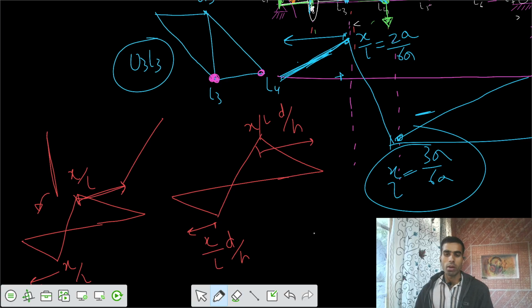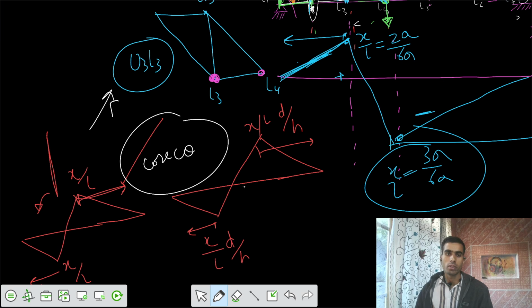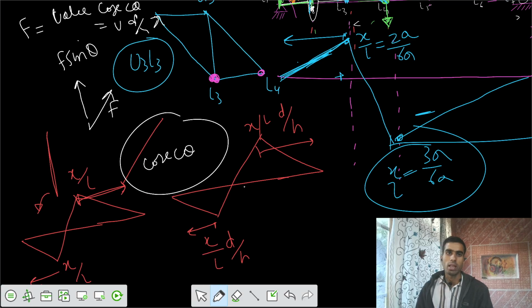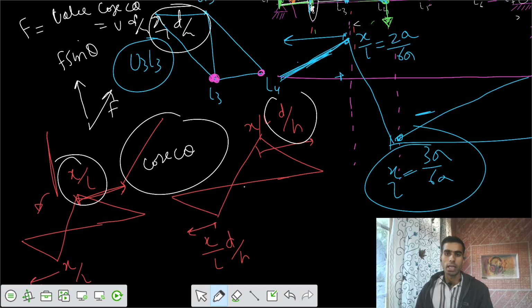So we are applying this factor of cosecant theta here because of this. When you resolve that force along the vertical, this was your force along the diagonal, then what is the component of that? F sine theta. Then finally we write F equals some value divided by sine theta, that's value into cosecant theta, that's value into d by h. That's your x by L d by h, the same value of x by L and d by h.